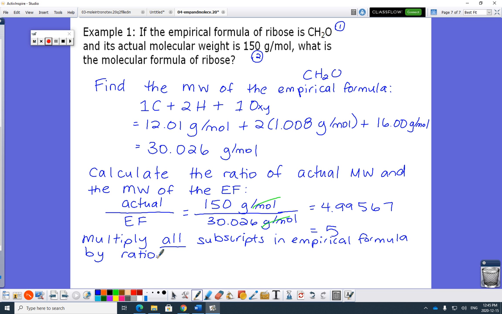So you multiply all the subscripts. What you do to one, you do to them all in the empirical formula, by the ratio.